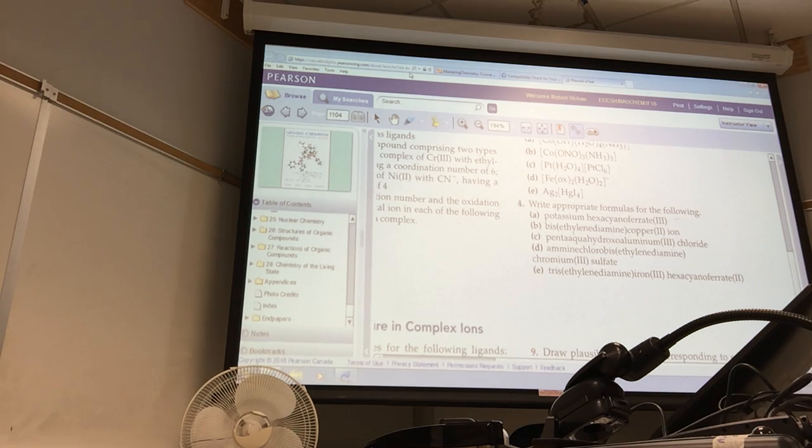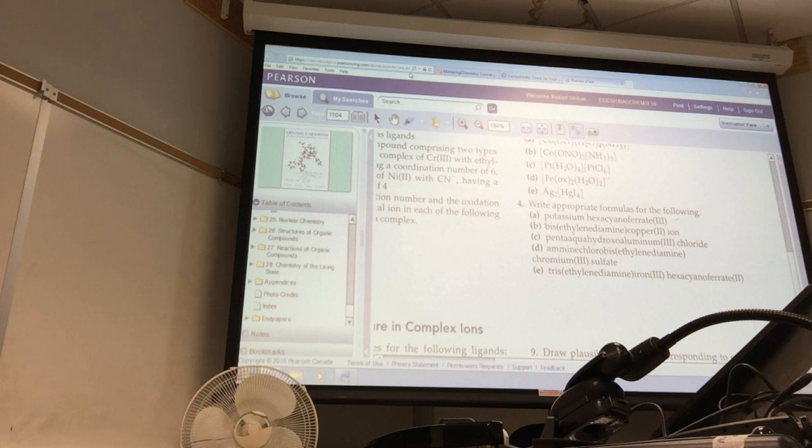Now we've got to think, what is the hexacyanoferrate ion? We write square brackets. What comes first, the ligands or the metal? The metal comes first in the formula, so it's opposite.